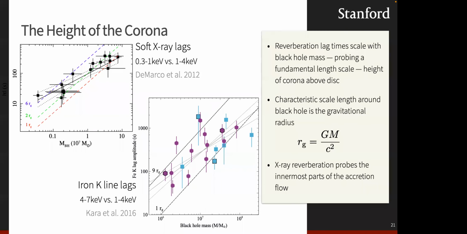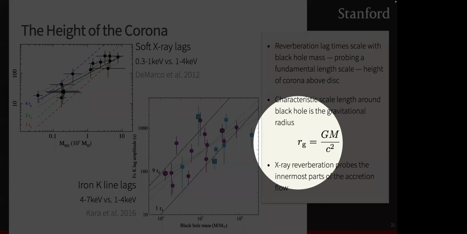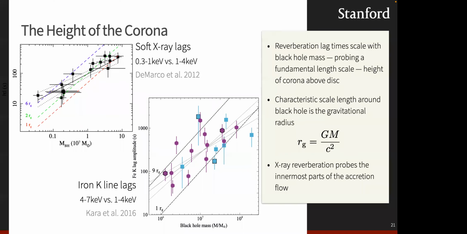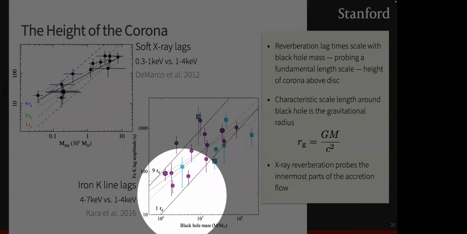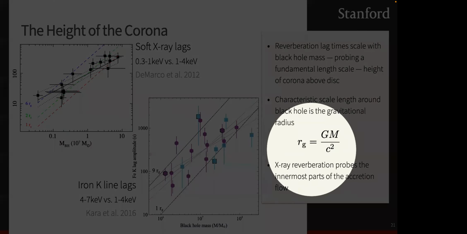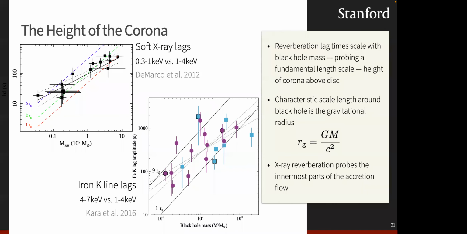Remembering that our characteristic distance around the black hole is GM over c squared, the scaling of our lag with mass tells us this is really probing some fundamental scale around the black hole. GM over c cubed is the light travel time over a gravitational radius.